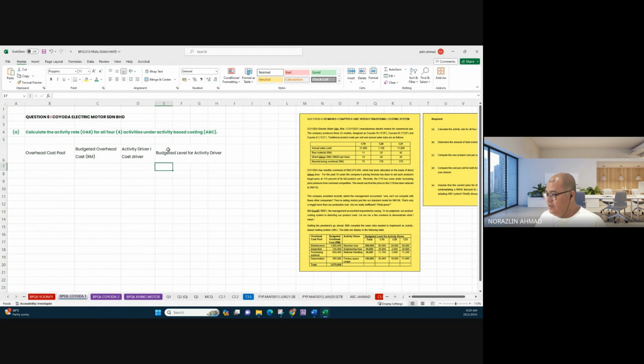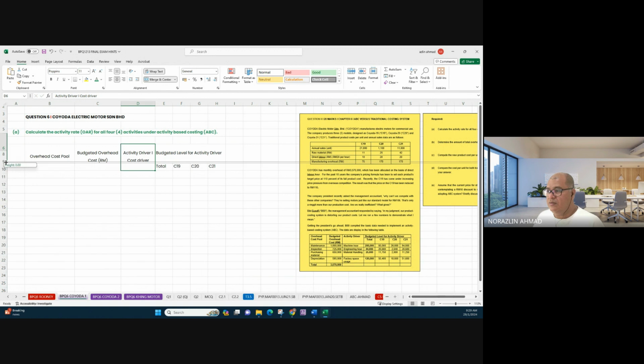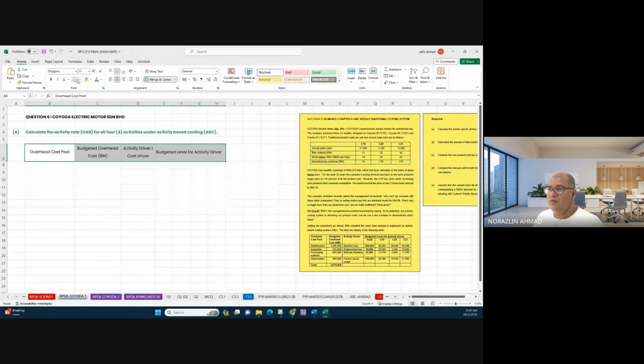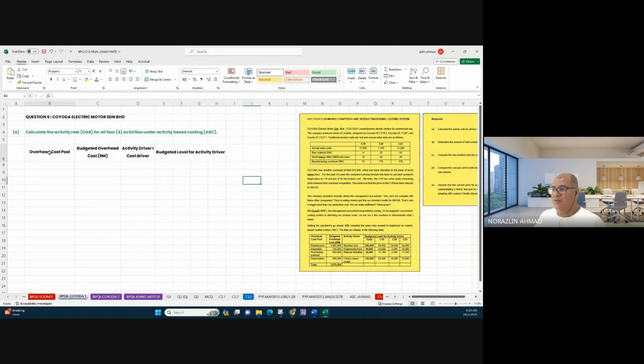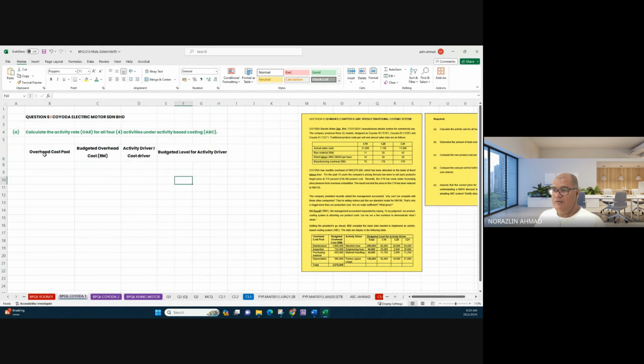And this one is total C19, C20, C21. Okay, merge, merge, merge. Done.